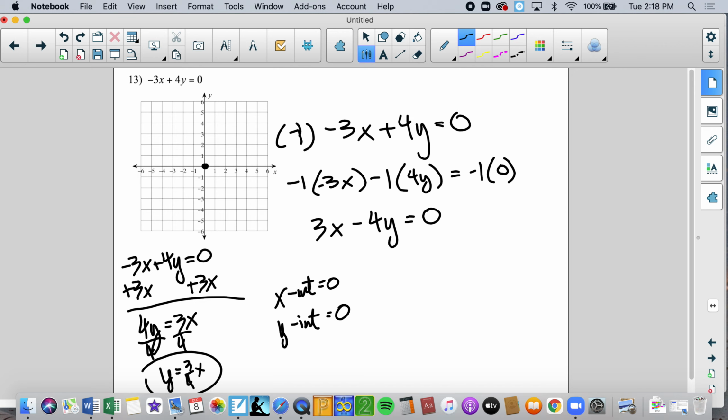So my slope is 3/4, up, rise 1, 2, 3, run 4. So there's my other point. It is not an intercept, but it is a secondary point. So we have the point 0, 0, and we have the point 4, 3. Let's connect the dots, and that would be my graph for number 13.